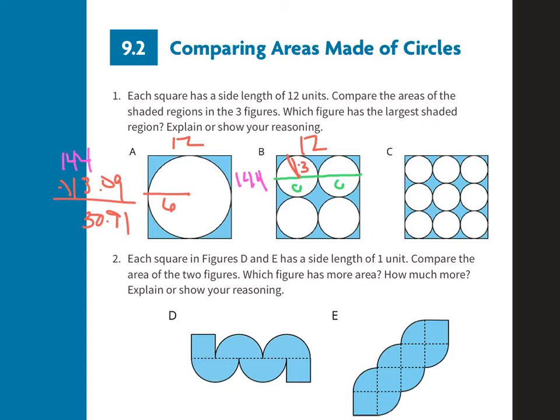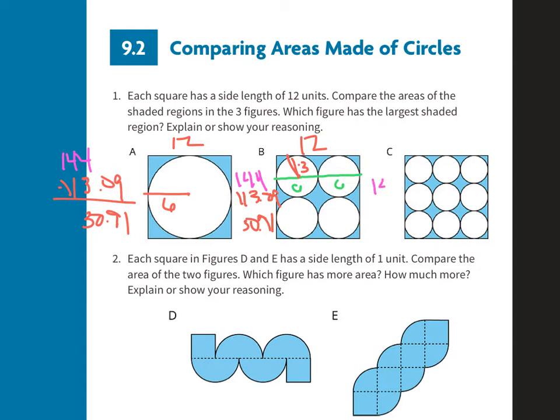So 3 times 3 times pi, and I get 28.27. But then I have 4 circles, so I'm going to times that by 4. And I get 113.09 again. Ooh, look at that. 113.09. And so I get 30.91. So any guesses on what letter C is going to be?